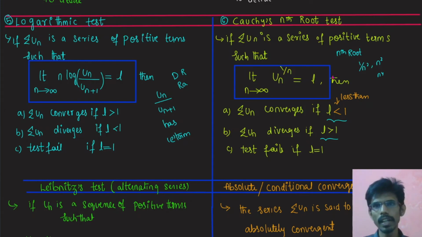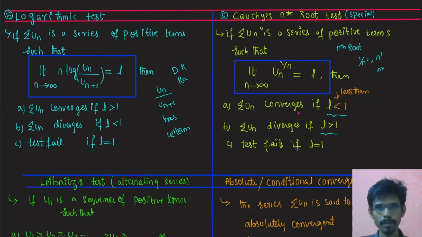This is a special test, because L less than 1 means converges and L greater than 1 means diverges. So this test is only for series which contain power 1 by n, 1 by n square, 1 by n cube, like that, 1 by root n, those kinds of series.